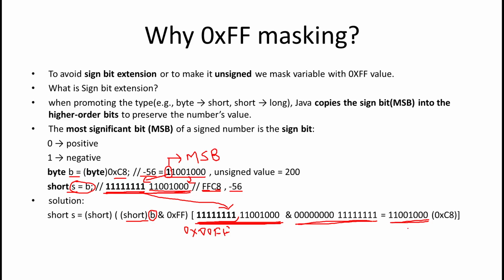This is how masking with 0xFF really works. That is the real explanation of how this masking works, to avoid sign bit extension, or to make it unsigned: we mask the variable with 0xFF or 0x00FF.